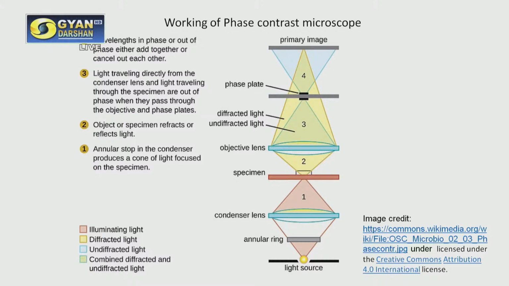When light interacts with the specimen, there are different kinds of media within the specimen. Let's take the example of a cell structure. Inside the cell there are so many media. Cytoplasm is there, nucleoplasm is there, and different organelles such as the endoplasmic reticulum, Golgi body, mitochondria, lysosomes, and the nucleus.